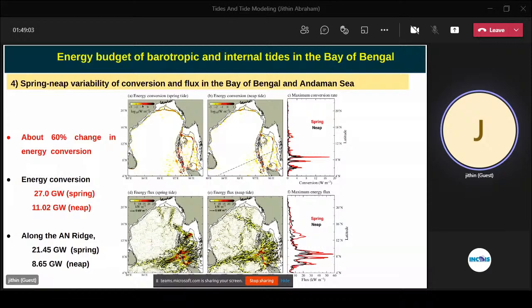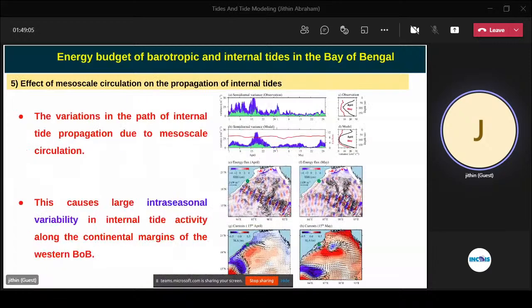The propagation of internal tides from these strong generation sites in the Andaman ridges is also affected by the variation in mesoscale circulation.